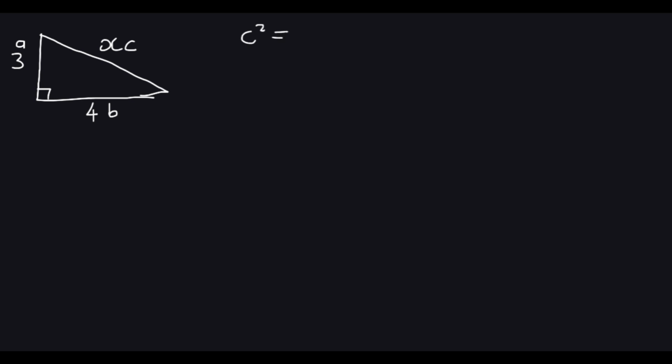Now let's put this information into practice. So let's say we have a right-angled triangle with the distances 3 and 4. Now if the question is find the value of x, we can use the formula. Here this is our A, our B and our C. So the formula is C squared is equal to A squared plus B squared.